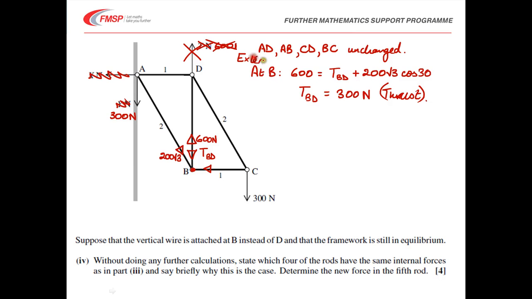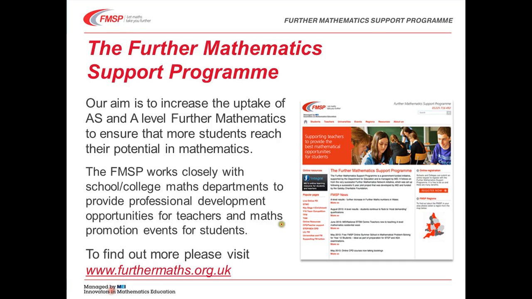So external forces unchanged, which implies equilibrium at A and C unchanged. Sorry for not writing that in earlier. There's an E mark for that. There's a method mark for the equilibrium calculation at B, and an A mark then for that last part.